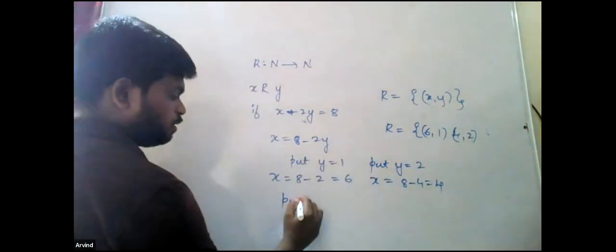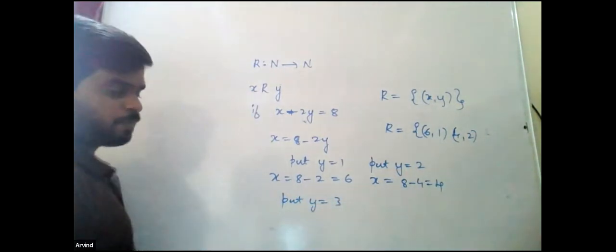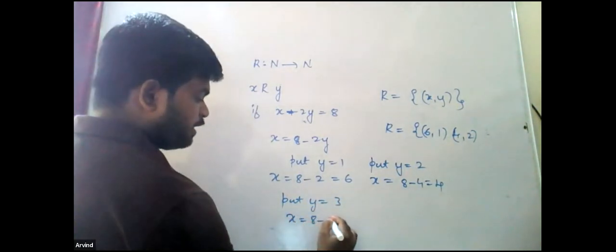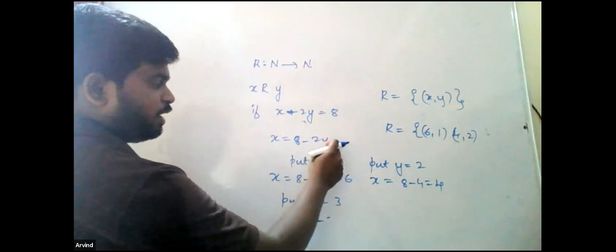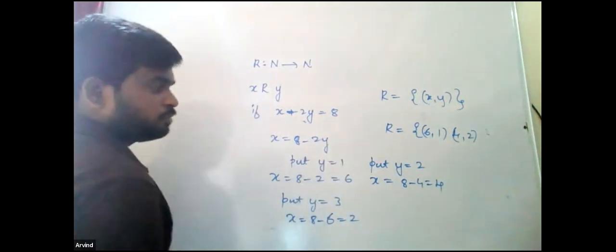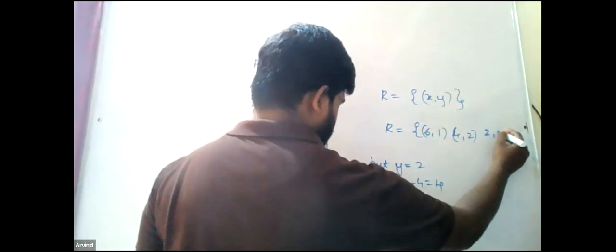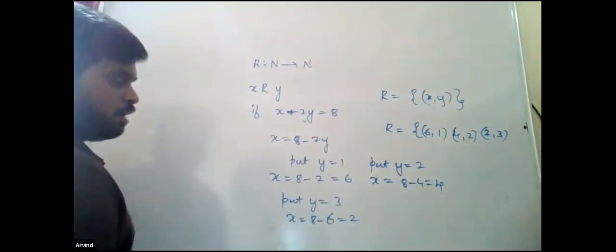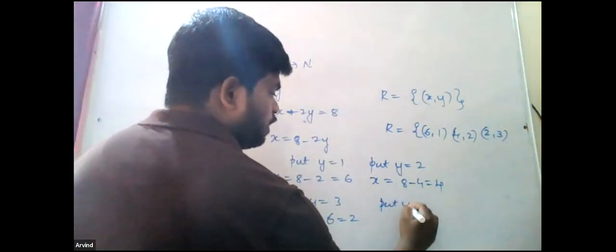Next, put Y is equal to 3. So X is 8 minus 2Y, 2 into 3 is 6, so X is 2. It is (2, 3). Next, put Y is equal to 4.